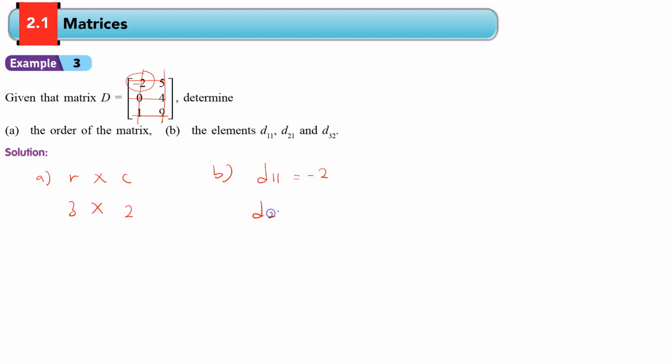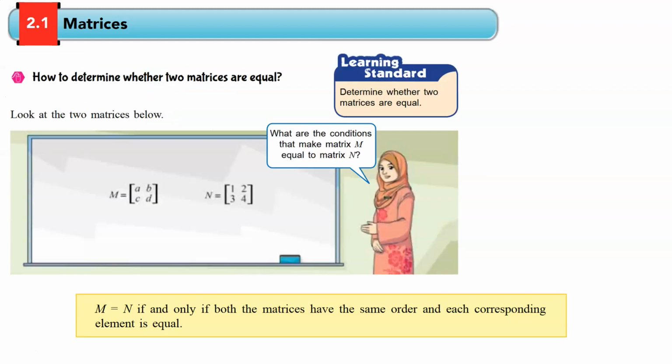Kalau D21, second row. So, tengok yang ni lah. Second row yang ni. First column. First column yang ni, 0. So, D32, third row, second column. Third row yang bawah, second column is 9. Senang kan? Ini hanya introduction je baru tahu. Kita tahu order matrix, kita tahu elements dia.